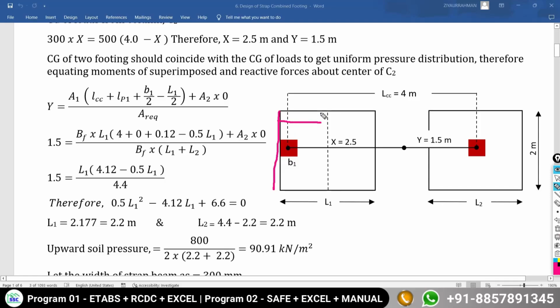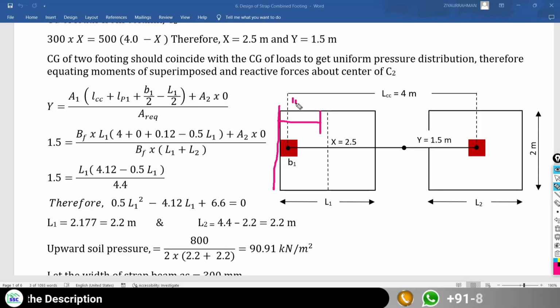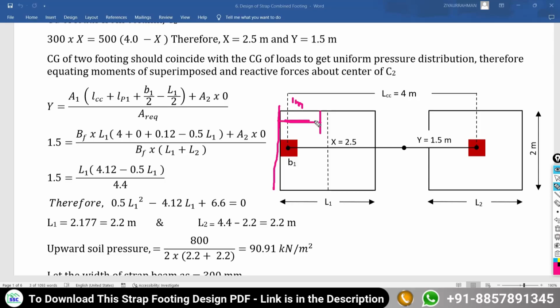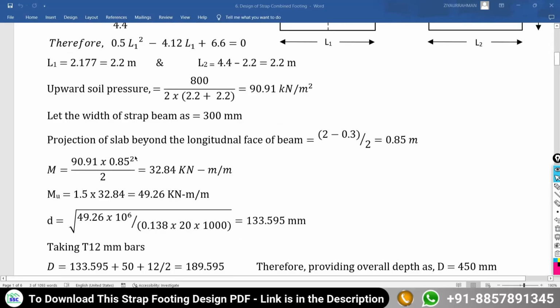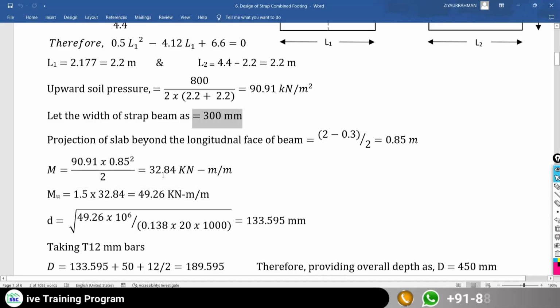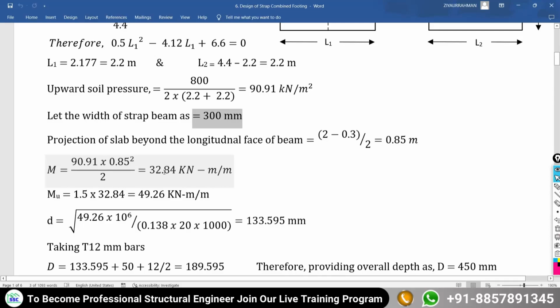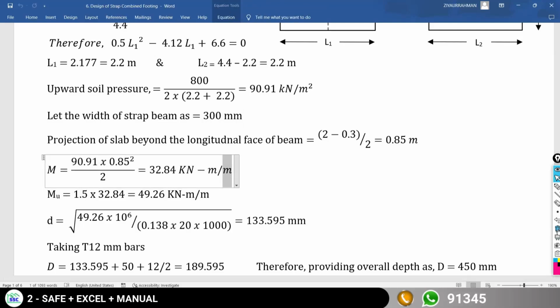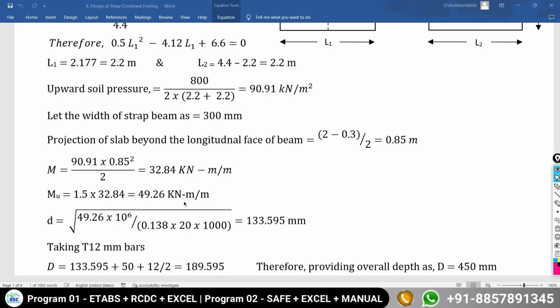So I am going to consider a 1 meter strip, 1 meter width of the foundation, in this direction. It is not needed to write the 1 meter because the answer will be the same. So we are getting the moment as 32.84 kilonewton meter per meter width of the design strip. Thereafter, we are getting the ultimate moment as 49.26 kilonewton meter per meter.